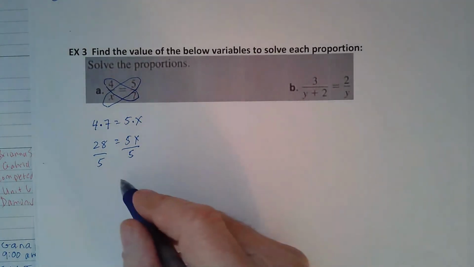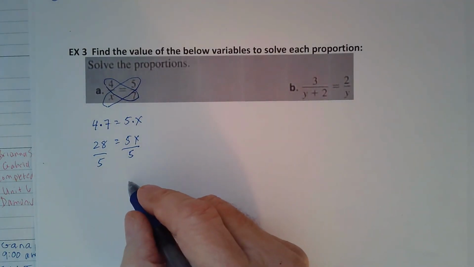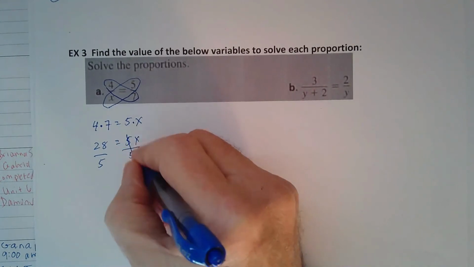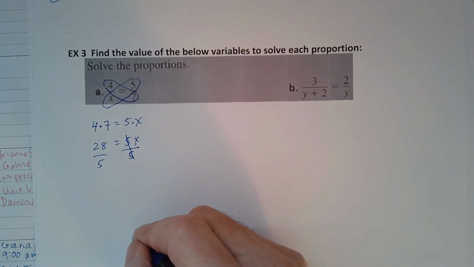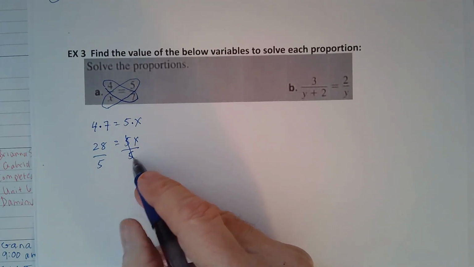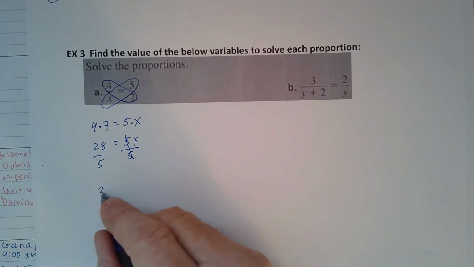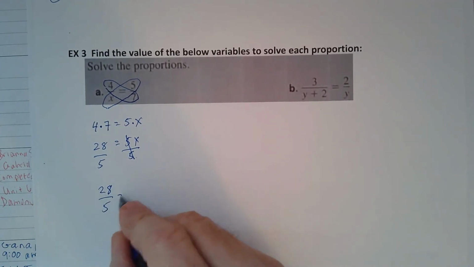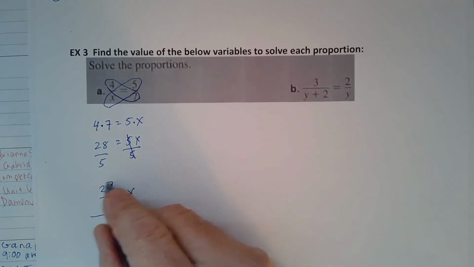Can you simplify it any further? Well, you can certainly cancel out the 5s, but you're left with 28 over 5 equals x. Okay, so there's your answer.